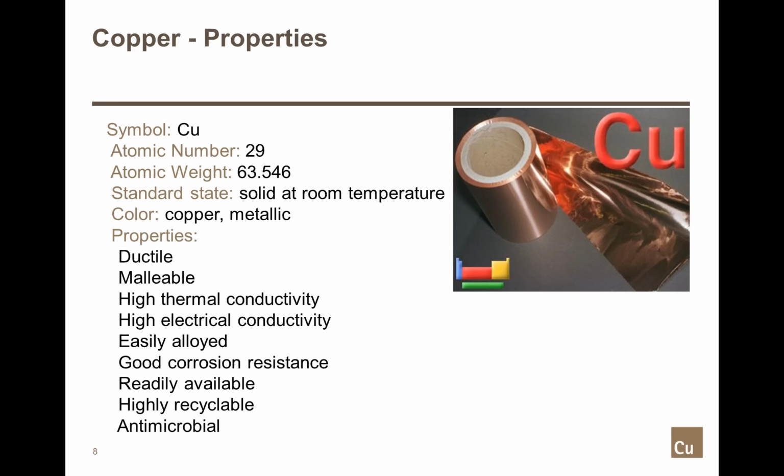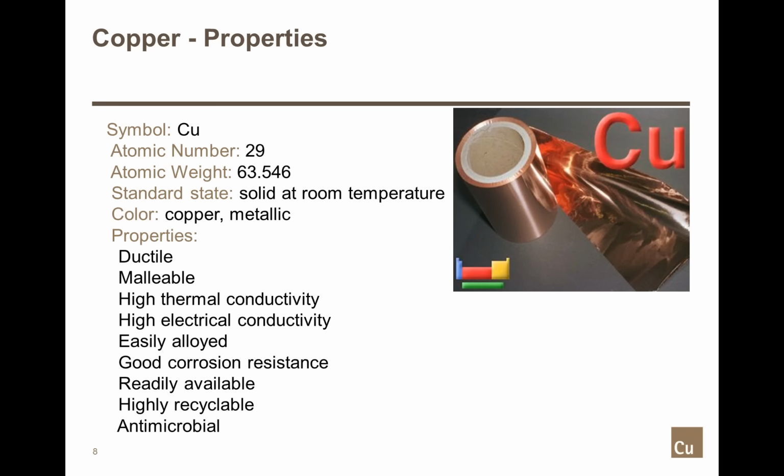But general properties, it's very ductile material. It's malleable. It's able to be formed into all kinds of different objects and shapes. It has high thermal conductivity, one of the basic reasons it's used. It has very high electrical conductivity, and that's another basic property that is used in many of the applications.